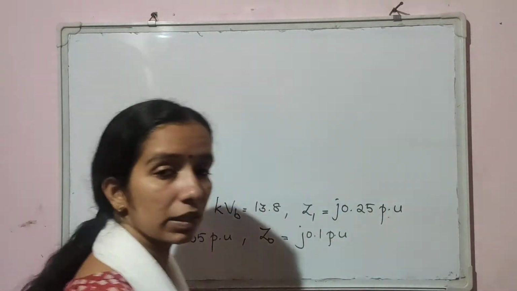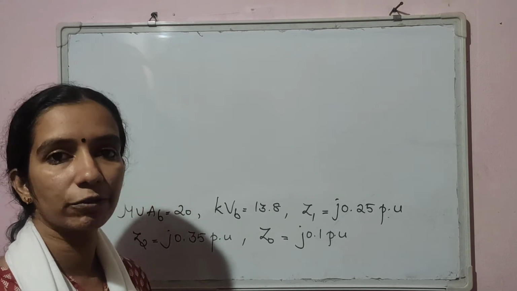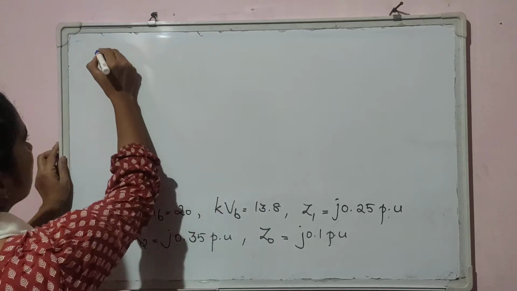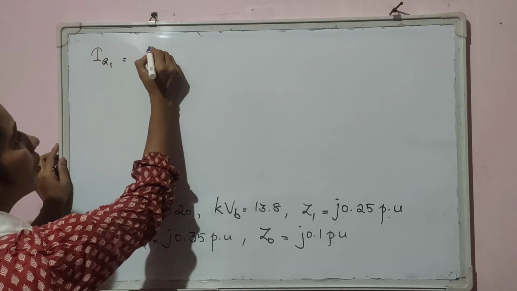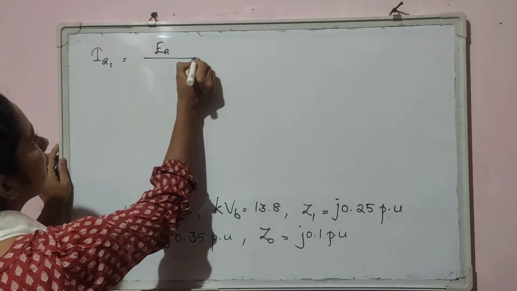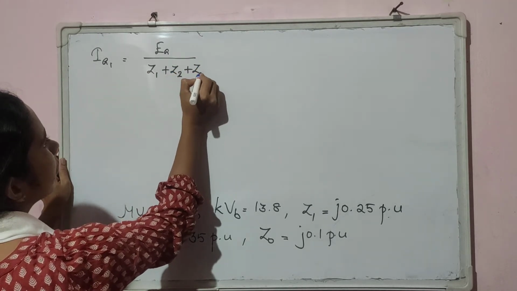Okay, so we know the equation for positive sequence current in case of a line-to-line fault. That is, positive sequence current IA1 is equal to EA divided by Z1 plus Z2 plus ZF.